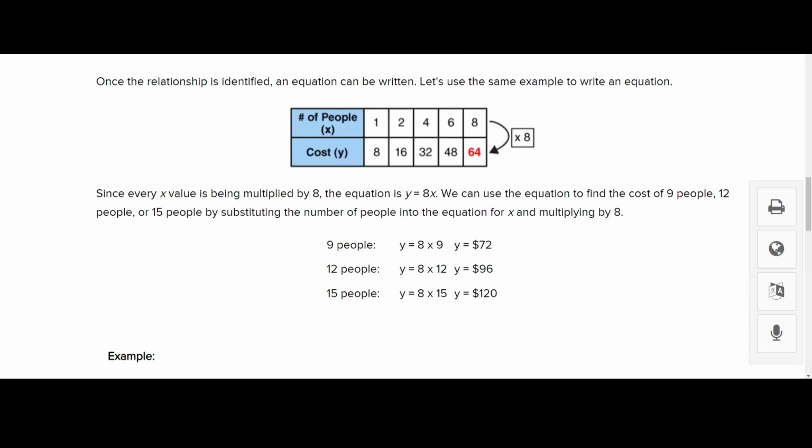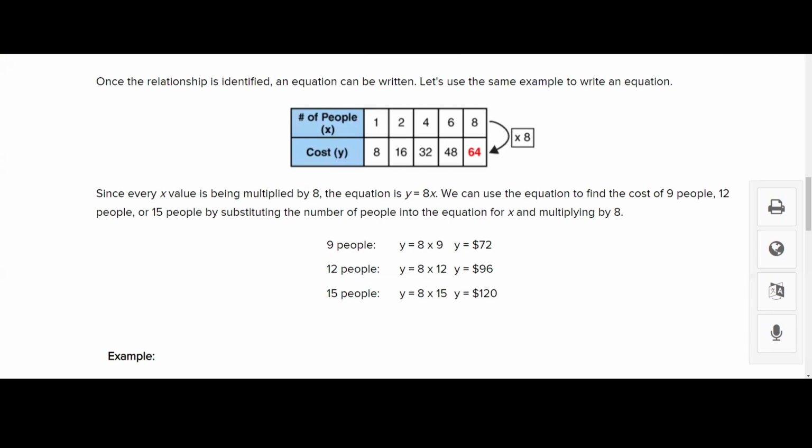Once the relationship is identified, the equation can be written. Let's use the same example to write an equation. Since every x value is being multiplied by 8, the equation is y equals 8 times x.